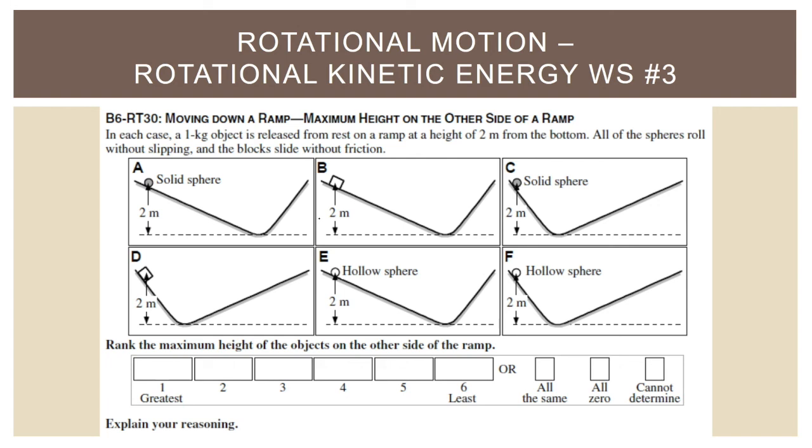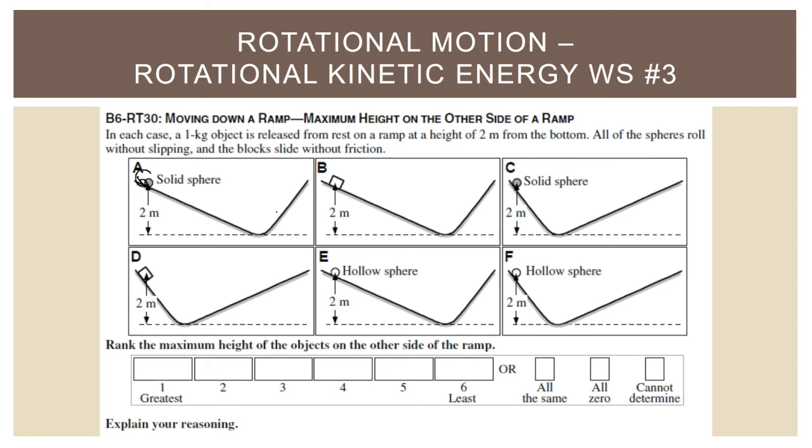The question we have to ask here in order to answer this question is, why do the rotating objects rotate? The reason why the rotating objects rotate is because friction puts a torque on the object and causes them to rotate. And so when they come down here, they are rotating clockwise.